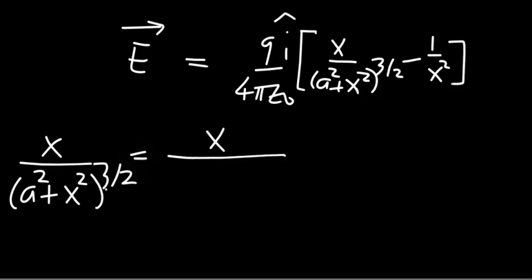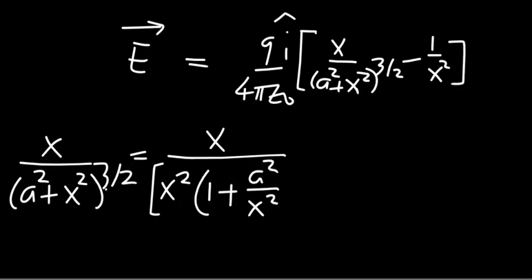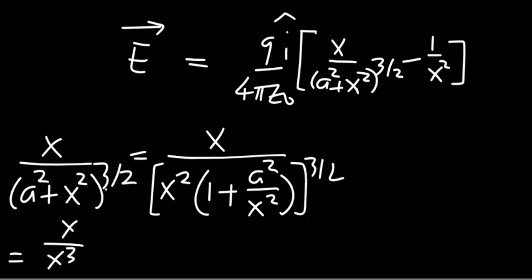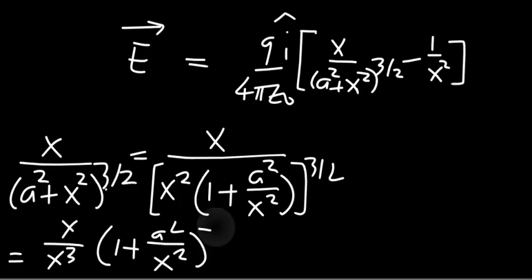x over, let's take out the x squared, like that, and it becomes 1 plus a squared over x squared to the power 3 over 2, which then becomes x over x to the power 3 times 1 plus a squared over x squared to the power minus 3 over 2. And this simply becomes 1 over x squared.